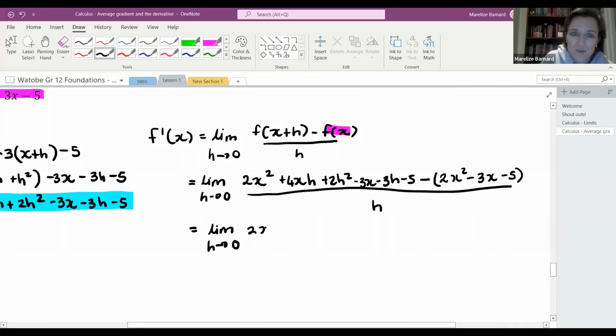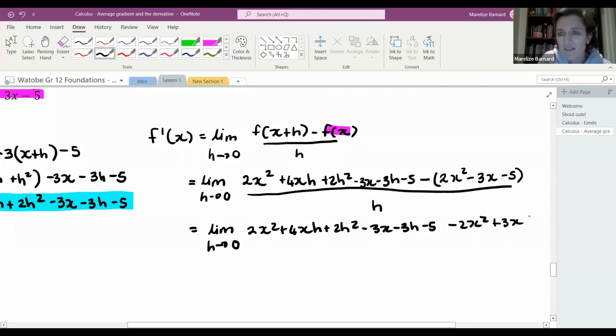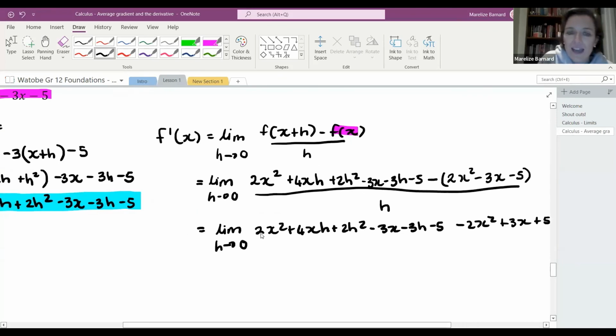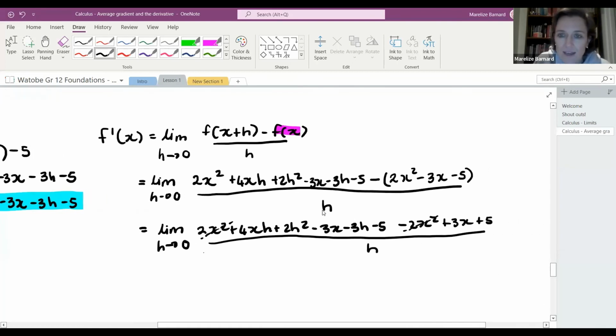So that's going to go 2x squared plus 4xh plus 2h squared minus 3x minus 3h minus 5 minus 2x squared plus 3x plus 5. In doing that, we get rid of the 2x squared and the minus 2x squared. Let me not forget my over h. And we're going to get rid of the minus 3x and the plus 3x and the minus 5 and the plus 5.